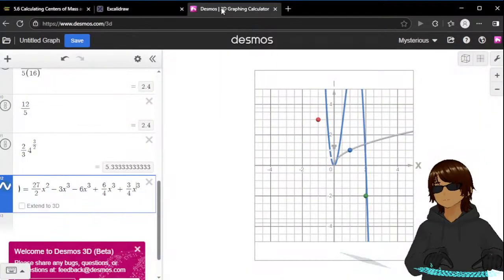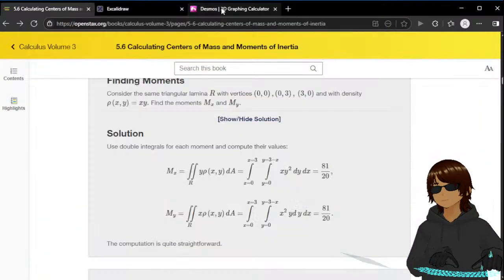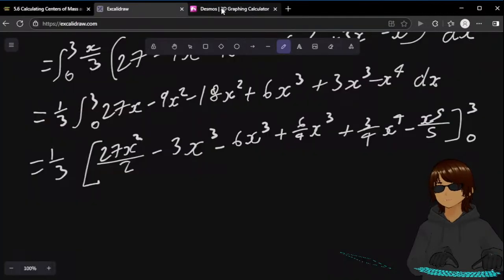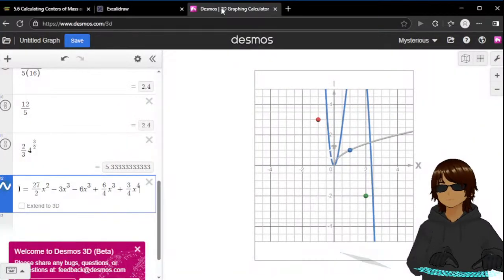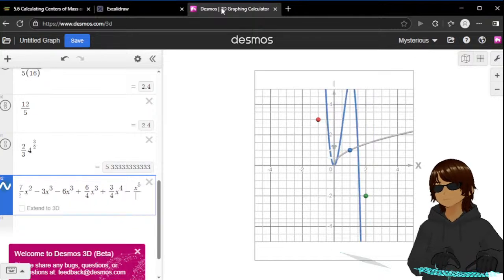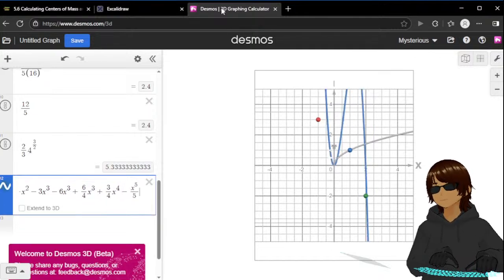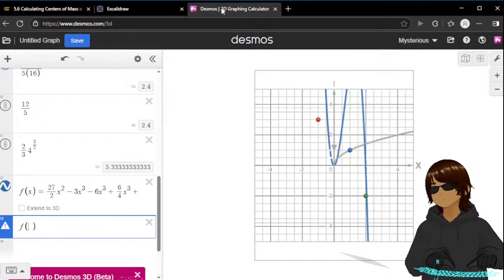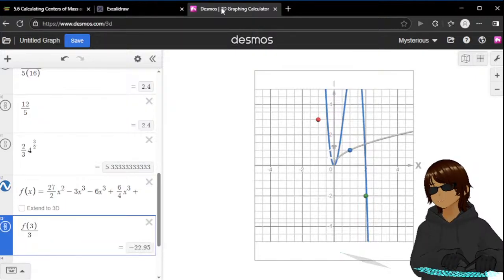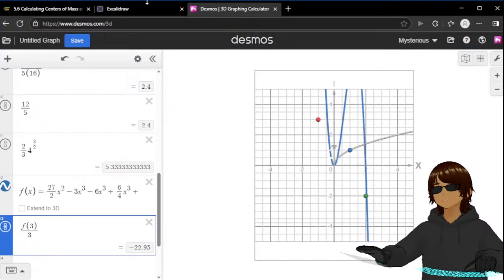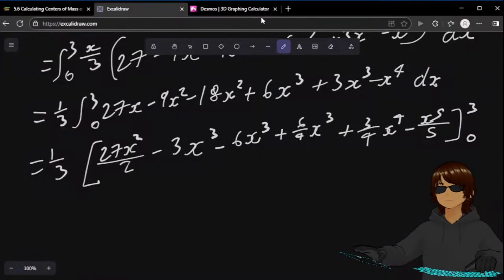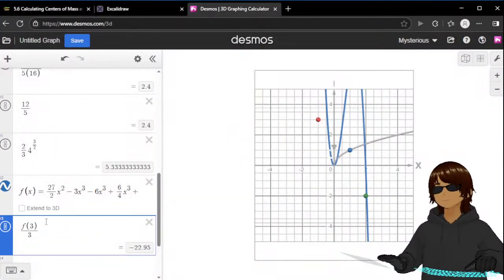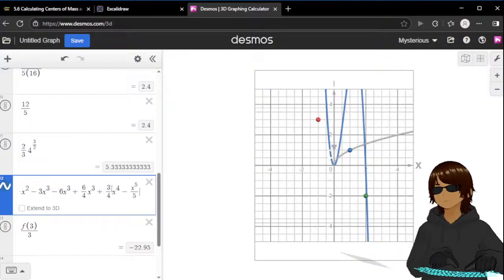Now x to the power of 4 minus x to the power of 5 over 5.